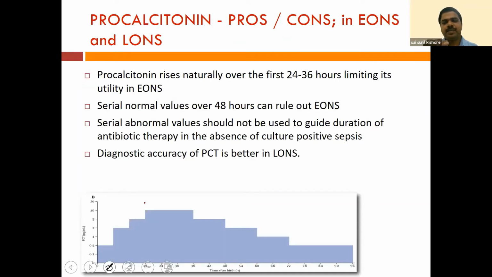The PCT, procalcitonin, normally after birth rises naturally over the first 24 to 36 hours, and after that it will come to a plateau. So in the first 48 hours it can be falsely abnormal, even without sepsis it may show a positive value. That's why the diagnostic accuracy of PCT is better in late onset sepsis as compared to early onset sepsis.